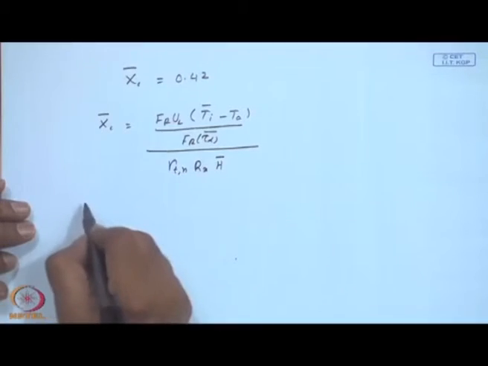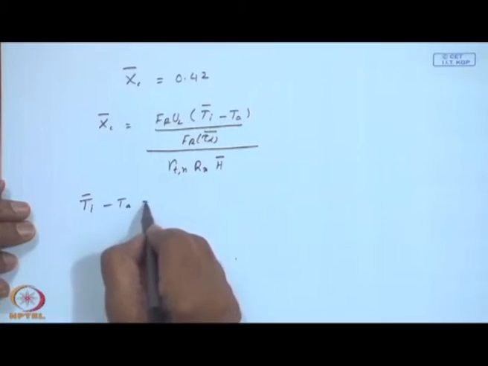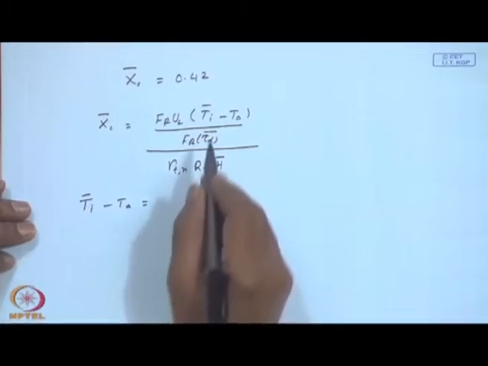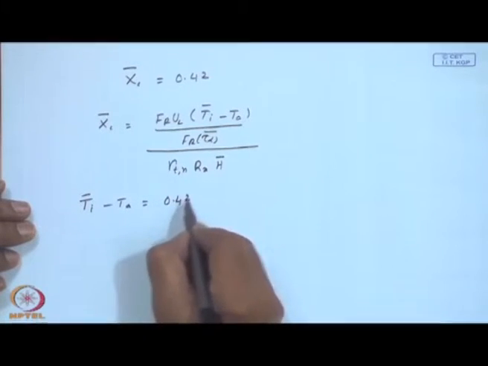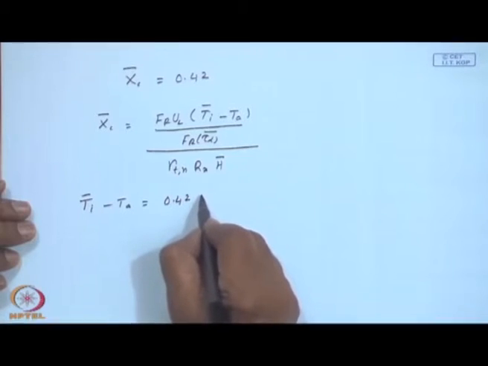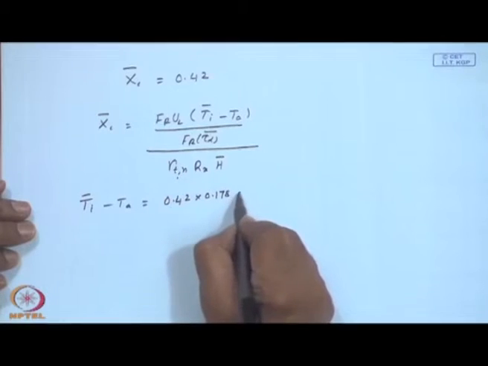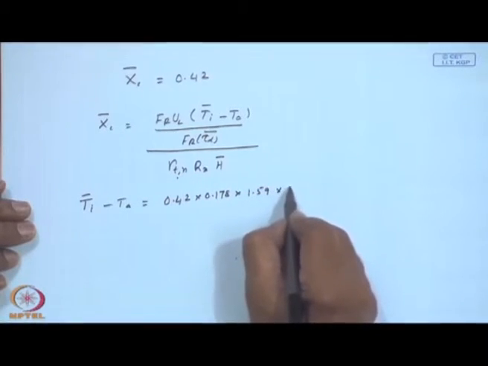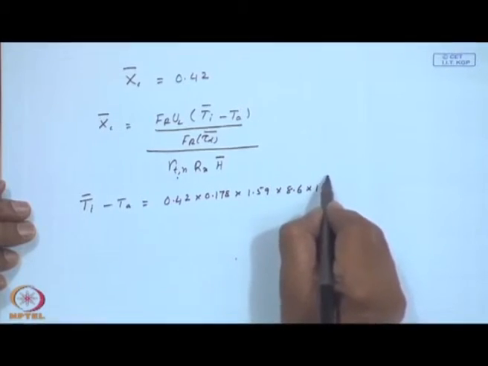So, T I bar minus T A is 0.42 times 0.178, that is R T N, R N is 1.59, multiplied by H 8.6 into 10 to the power 6.